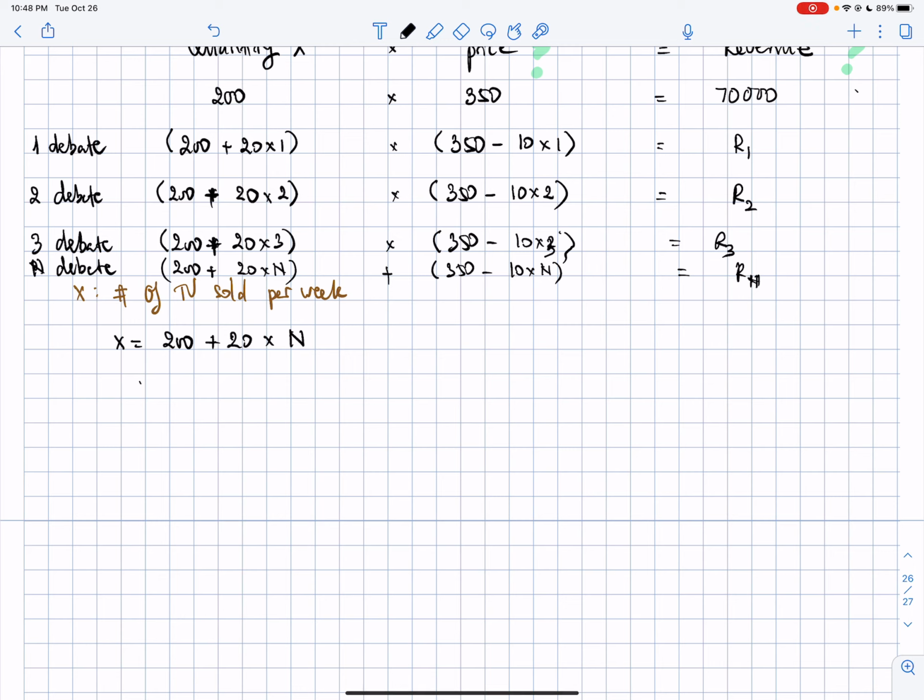So we have x is the quantity, and this is 200 plus 20 times n. I'm going to solve for n. So I get x minus 200 divided by 20, because I will use this n to plug into the price function, which is the demand function. So the demand function is P of x, which is 350 minus 10 times n.